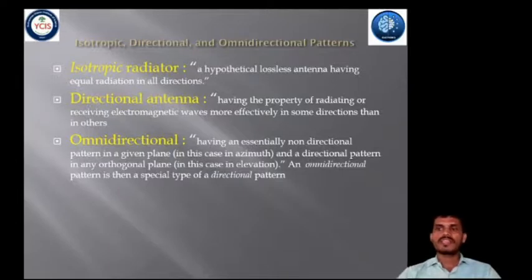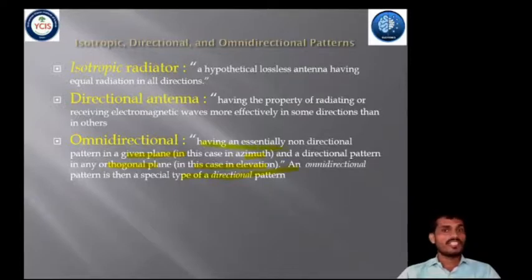An omnidirectional antenna has an essentially non-directional pattern in a given plane, in this case azimuth, and a directional pattern in any orthogonal plane, in this case elevation. An omnidirectional pattern is then a special type of directional pattern.